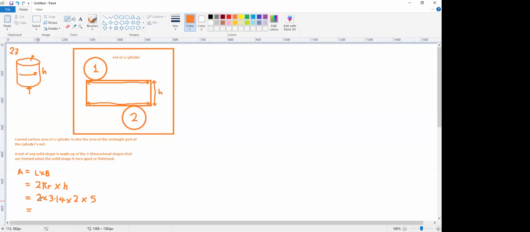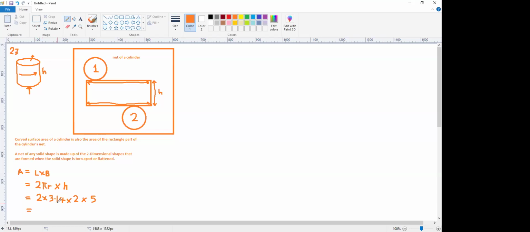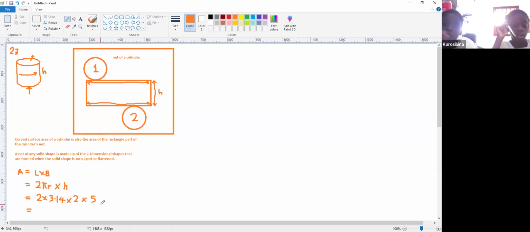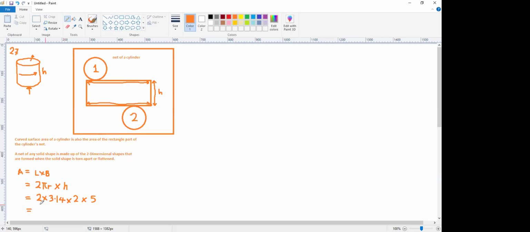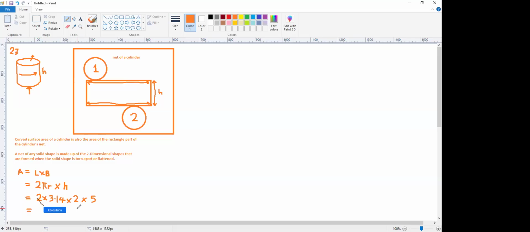There's already a 2 there. Should we choose one of the twos, or should we just multiply everything as we see there? Favour, what do you think? One of the 2s. Which one should we use? The one on the left. Okay, good. Let's do that left one.